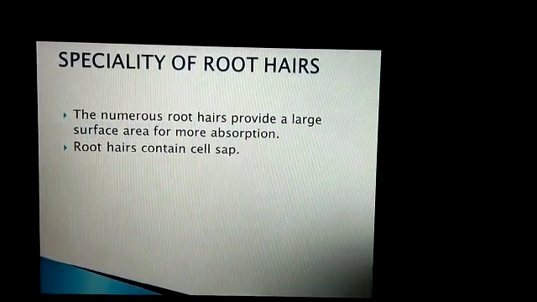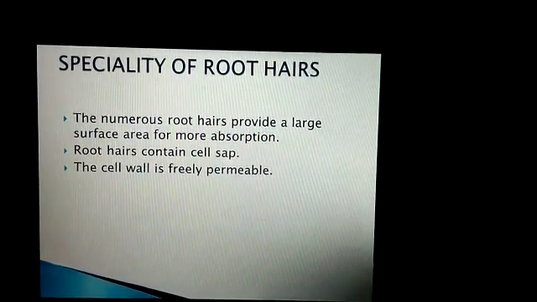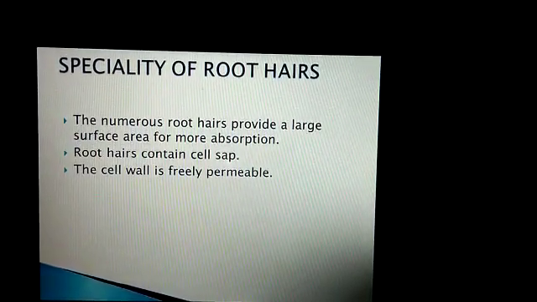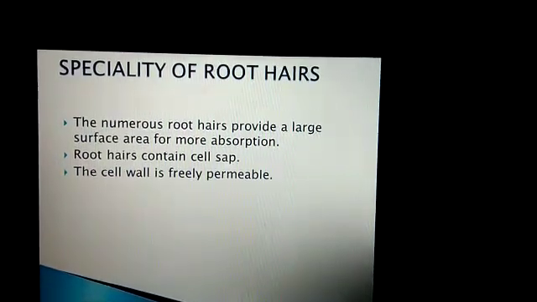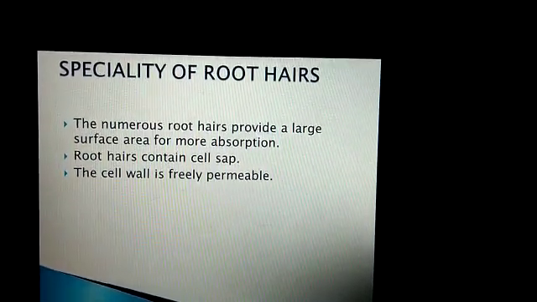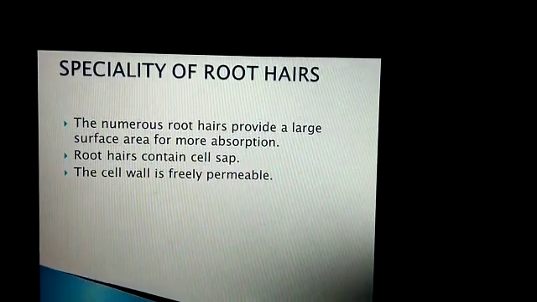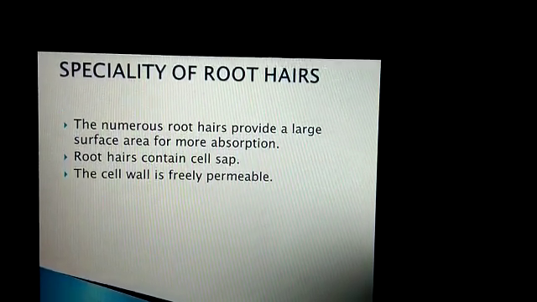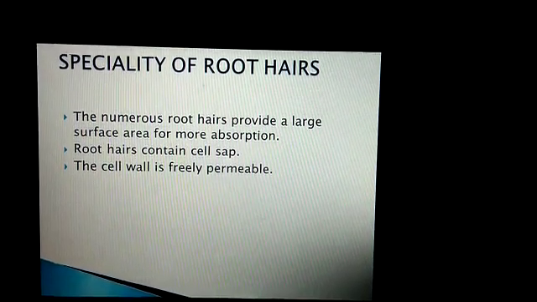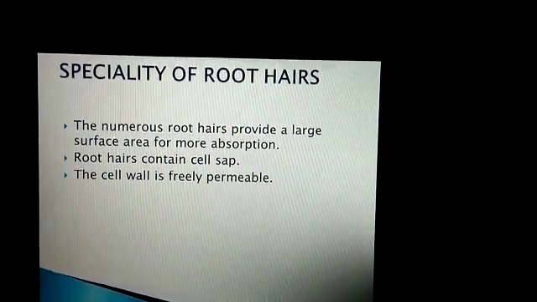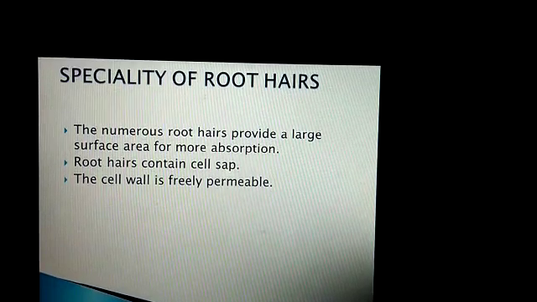Next, the cell wall is freely permeable, which permits movement of all types of substances. But the cell membrane is semi-permeable and it allows only water to pass through it.